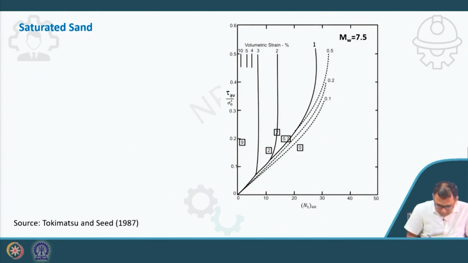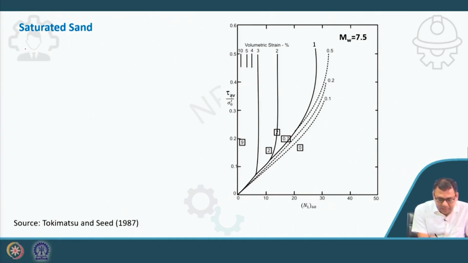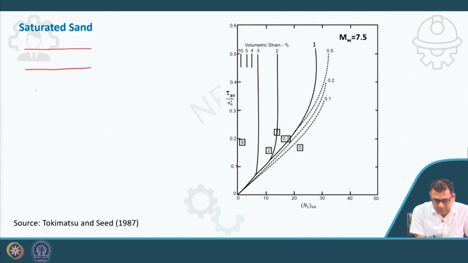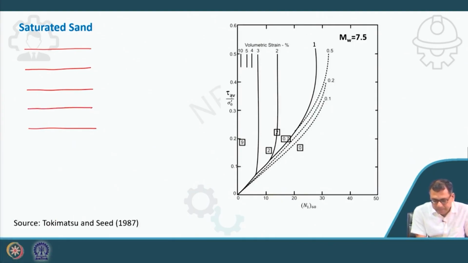So, I am taking a similar type of layer. It can be the same as a sandy layer with different N value. Either you have different sand layers with different N values, or the same sand layer with different N values, and based on that we can divide that sand layer into a number of sublayers. So, here it is also divided into 4 sublayers.